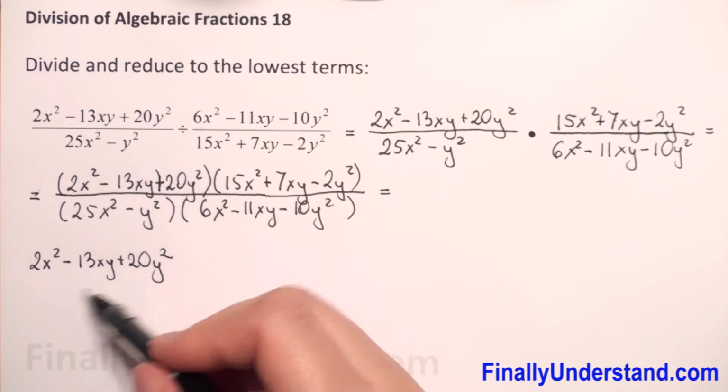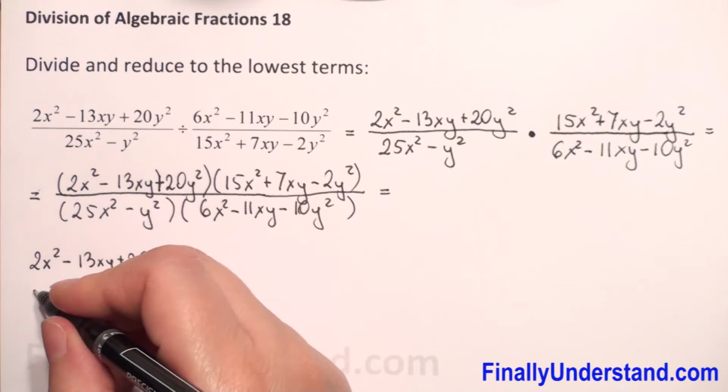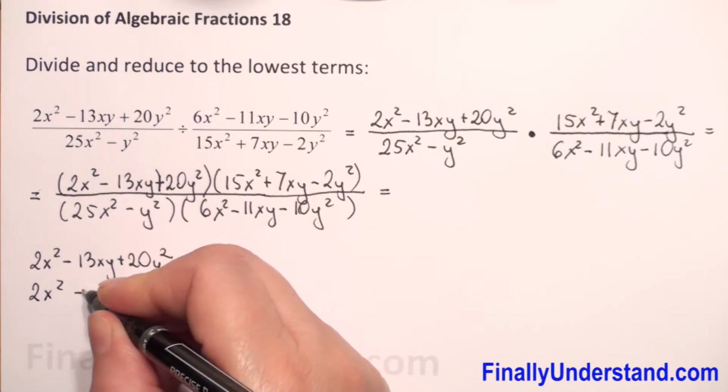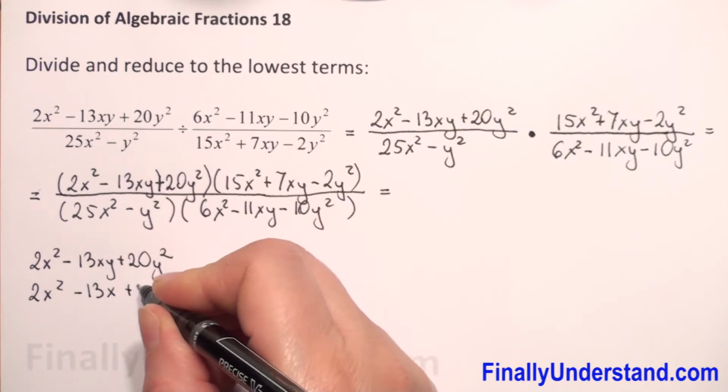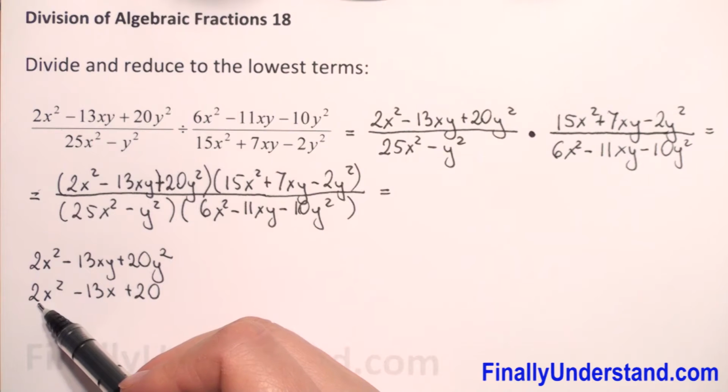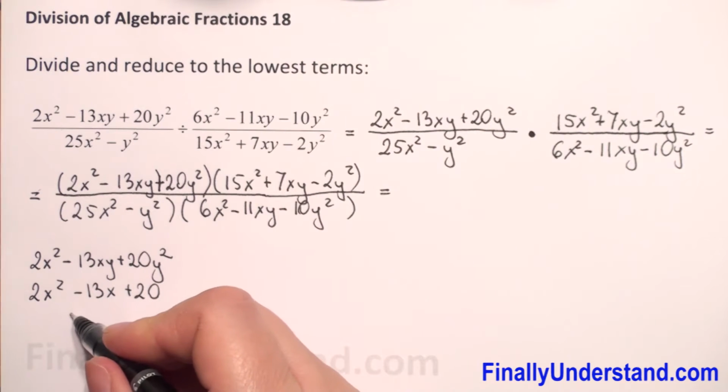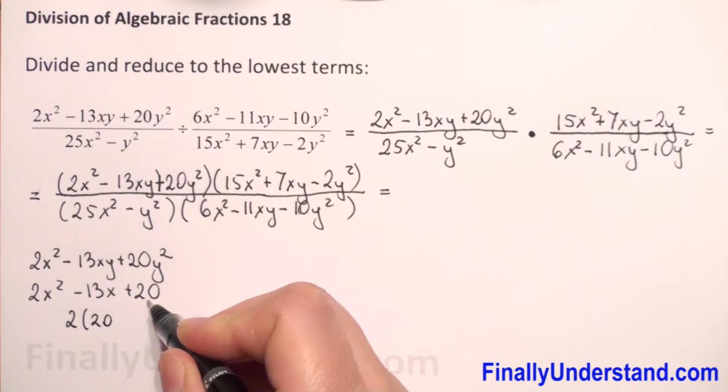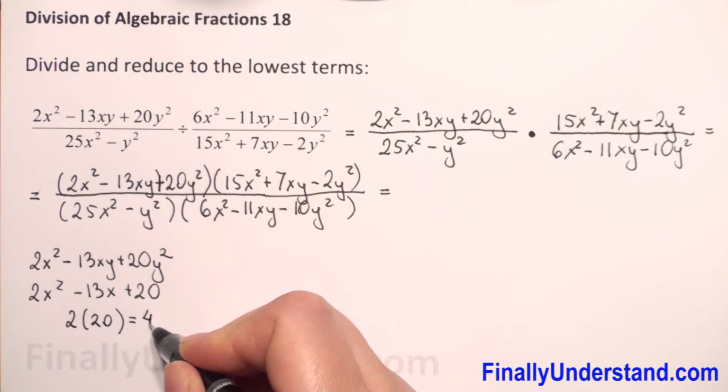Let's first forget about y's. So it will be 2x squared minus 13x plus 20. So first, because the coefficient before x squared is different than 1, I have to multiply 2 times the constant, so this is 20, so this is 40.